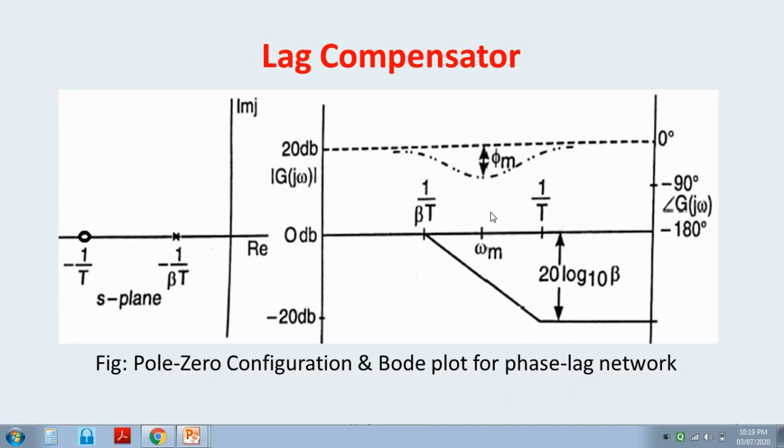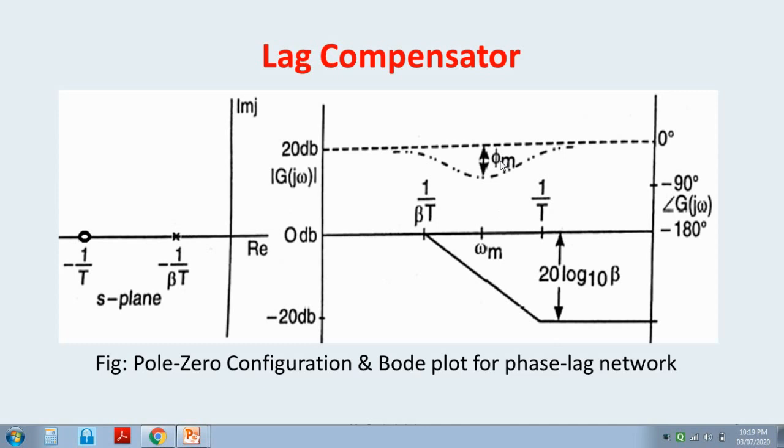So those frequencies are a decade apart, and over that decade the magnitude of the compensator drops from 0 dB to minus 20 dB. So there is a 20 dB per decade roll down in the magnitude response, and the maximum phase lag is recorded at the mid corner frequency, and that is phi m.